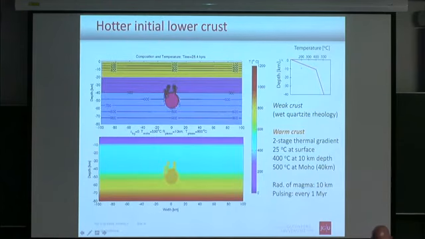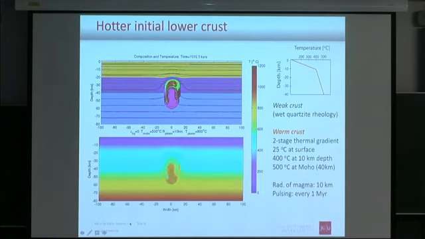Now, if you start with a hotter initial crust, and all these models have a Moho temperature of 500 degrees, if we just change the geotherm and assume that the lower crust is a bit hotter, the behavior is quite different.